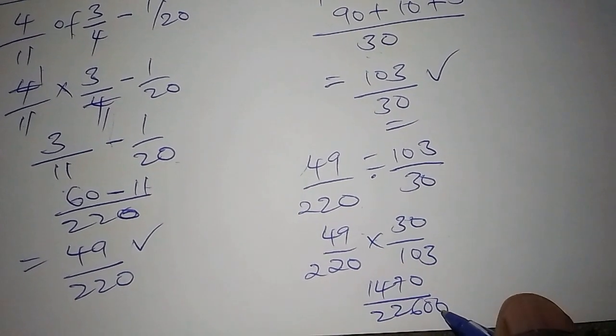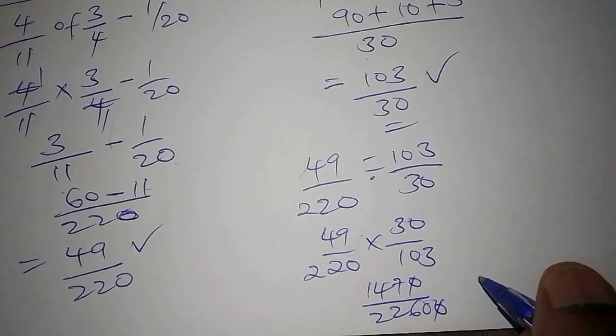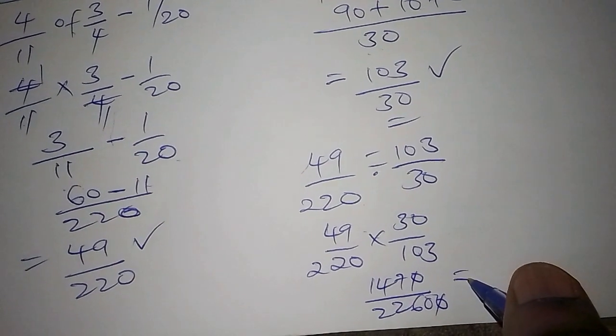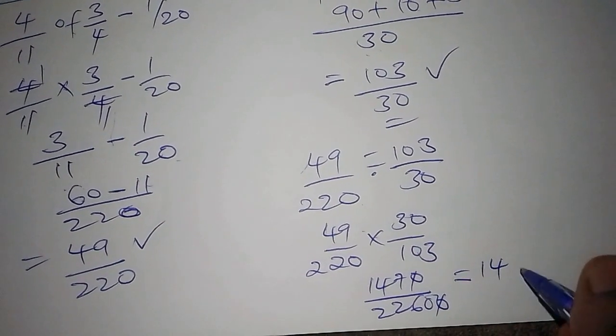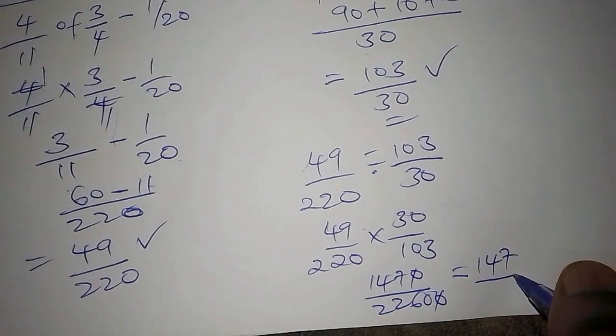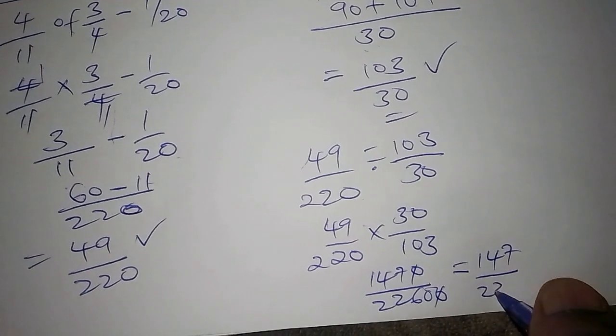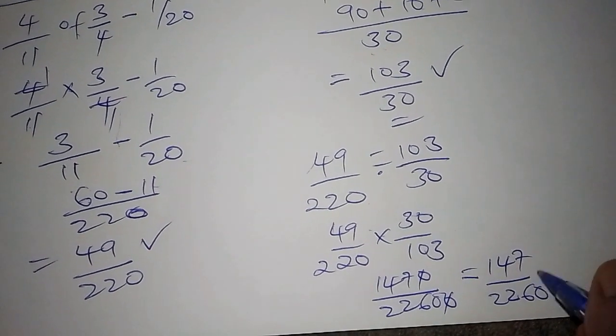So we say 0 cancels 0, and our final answer in this case is 147 over 2266. So that is the final answer.